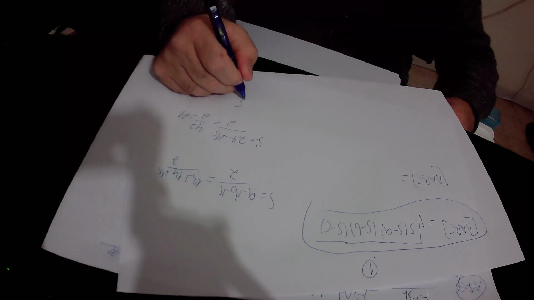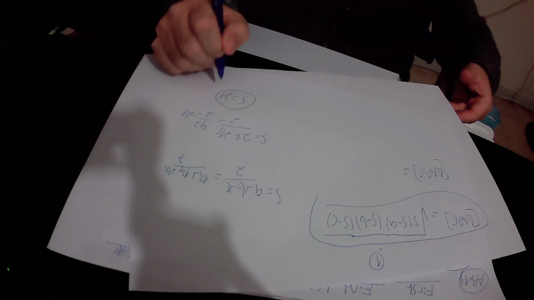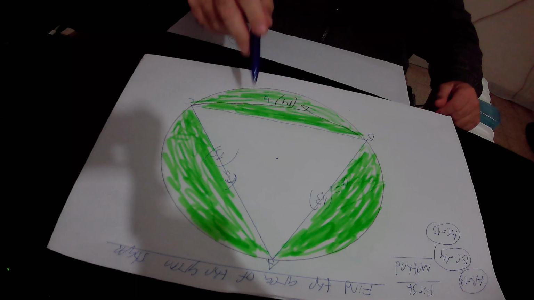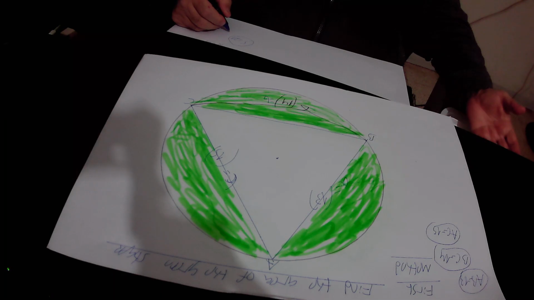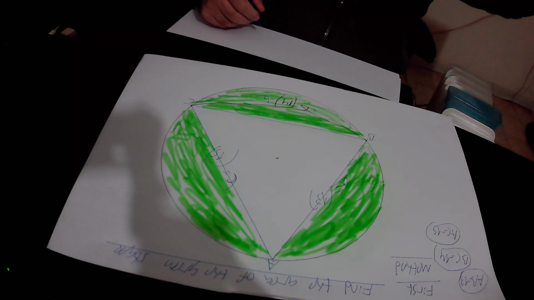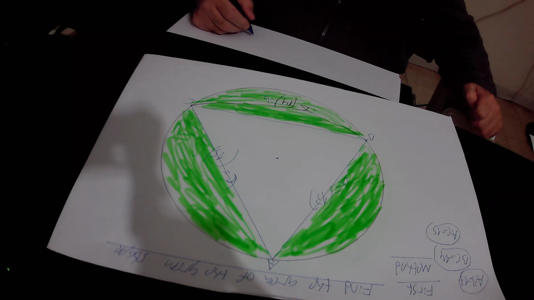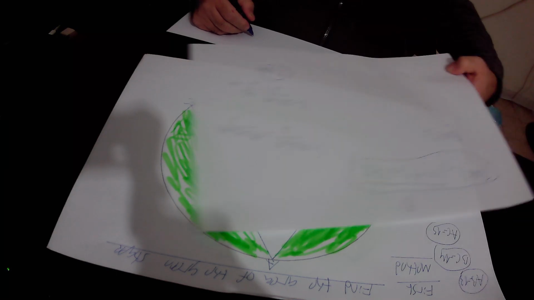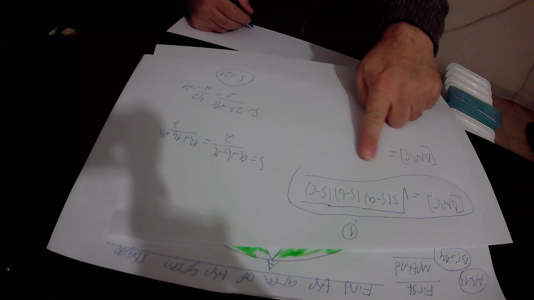So finally we found that the semi-perimeter of this triangle ABC equals 21 units. Now the only thing left to do is to put the data inside the formula for the area of triangle ABC.